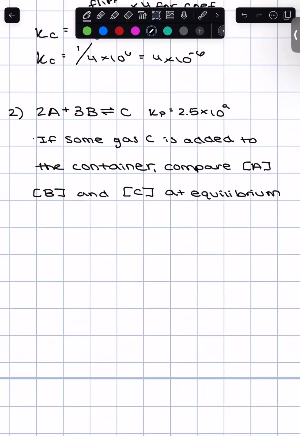So, okay, I'll just go. The Kp value is equal to the partial pressure of C over the partial pressure of A squared times the partial pressure of B cubed, and we know that is equal to 2.5 times 10 to the 9th. Something we need to acknowledge here is that this value is huge.